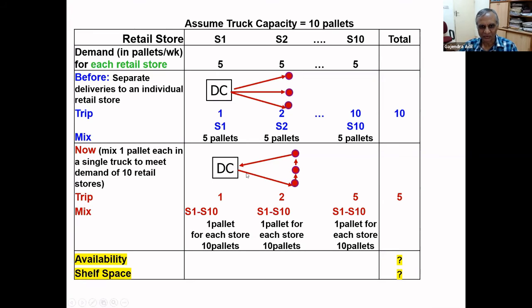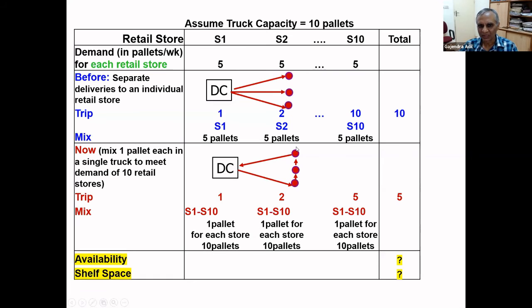I make one round. So basically one truck carries 10 pallets, because I can carry 10 pallets. No, sorry, you carry 10 pallets, but 1 pallet for each store. So the 10 is the total.